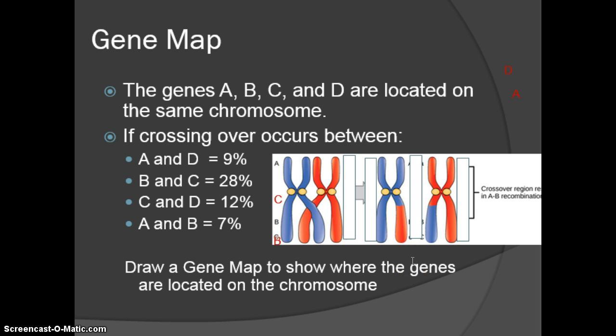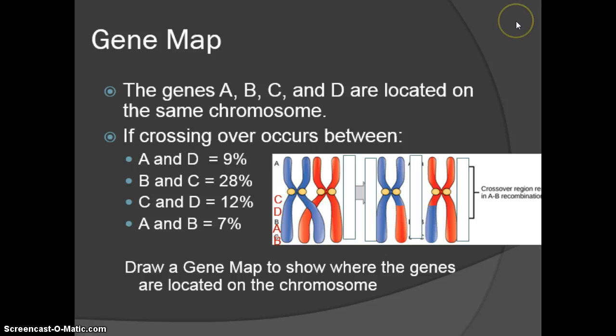Okay, so B and C, there's almost a 30% chance that when the genes are crossing over, those are going to be separated. Notice A and B must be really close together. They're going to have a 7%. So maybe my A comes possibly right here, and our D, again, is closer to the C. If we had more information, we'd understand how the rest are related, but we get this idea of what the percentages are between them and where they are possibly related.